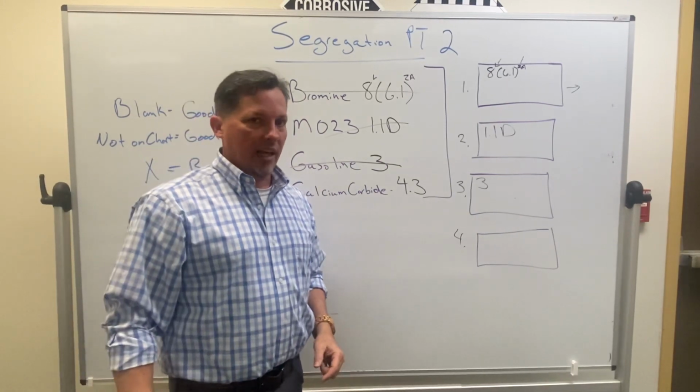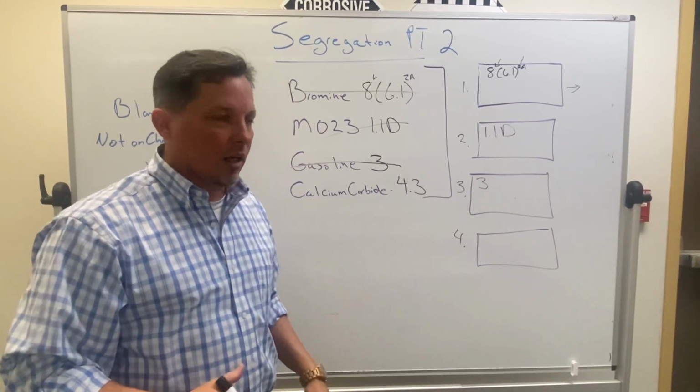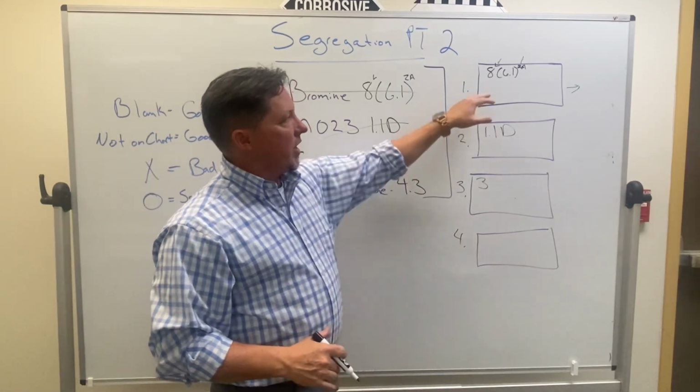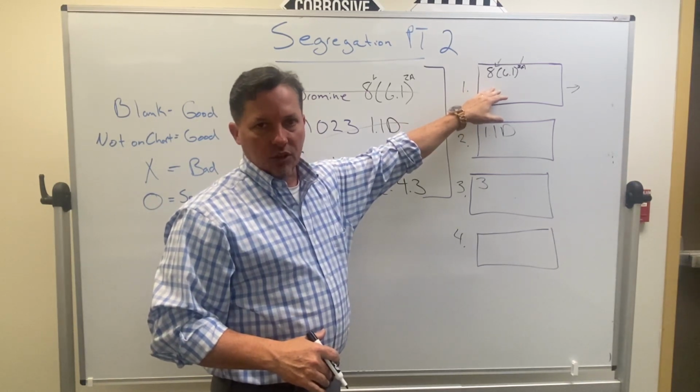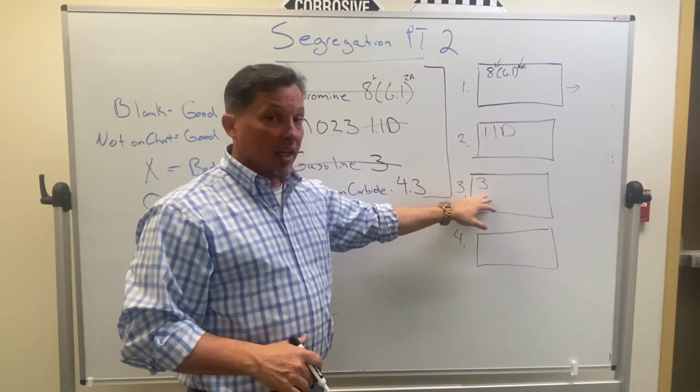Slowly but surely, at sheer federal employee rates, I am getting this dock unloaded. 4.3, will the 4.3 go with the 8, 6.1? Nope, will not. I get an X, right? I get an X with the 1.1, but with the 3, I get a blank space.